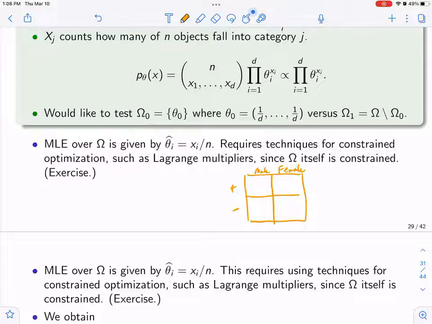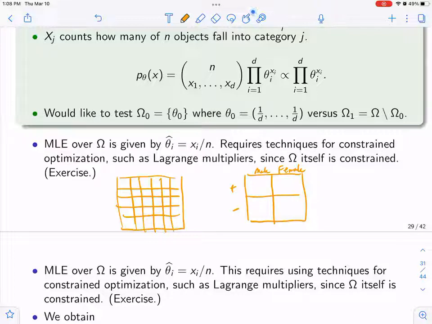Oftentimes what you want to test is whether these variables are independent.